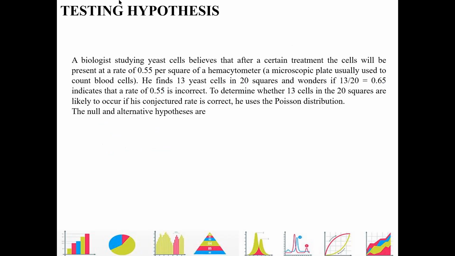So, teka lang. Let me send it to everybody para makita nyo, send natin siya in advance. Yan, nasa chat box. So, try to look for or try to browse yung ating Poisson distribution table.